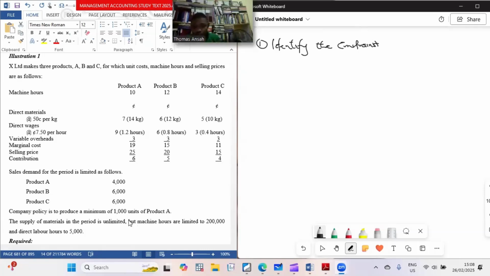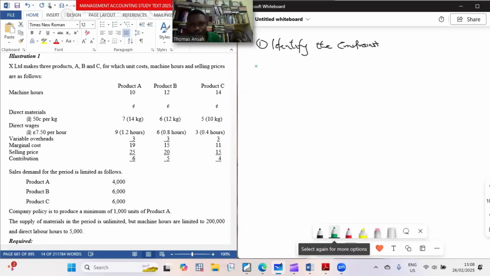So we are told that machine hours is 1, and the direct labor hour is also 1. So do it for the machine and the labor to find out your limiting factor, because we are looking at 1 in this case.